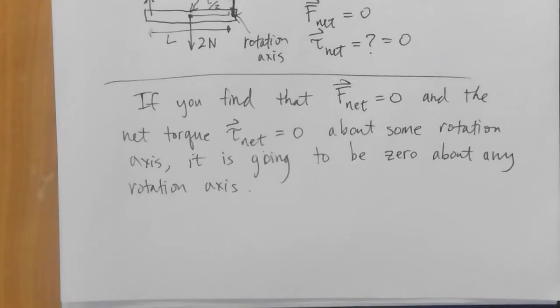So if I know it's in equilibrium, then if I calculate the net torque about any rotation axis, it would also be 0. If it was a more complicated problem where the net force is not 0, then this statement would be more complicated.